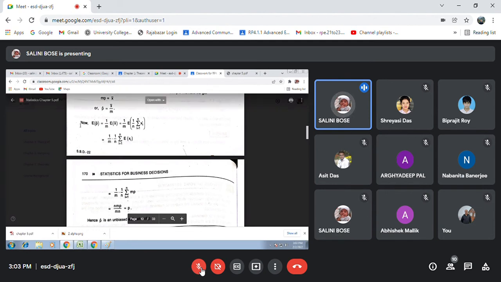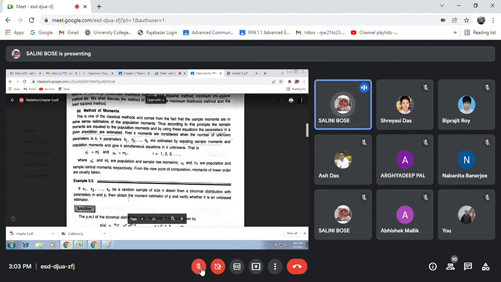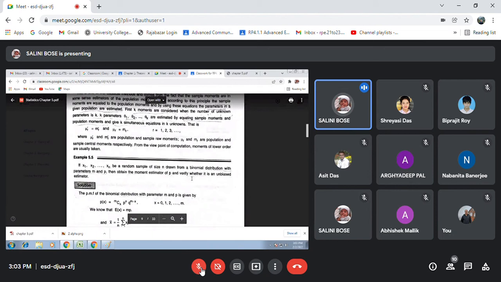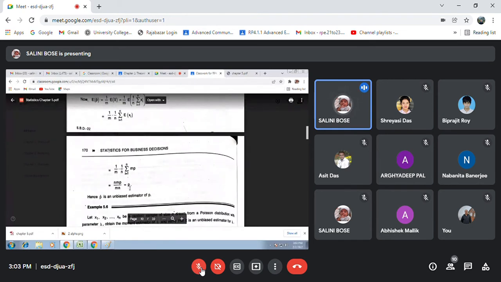There is no other factor. E of t equal to theta. So P cap is an unbiased estimator of P. So your target is clear. They have given you to find the moment estimator of P, and you have verified also that P cap is the unbiased estimator of P. Is it clear?